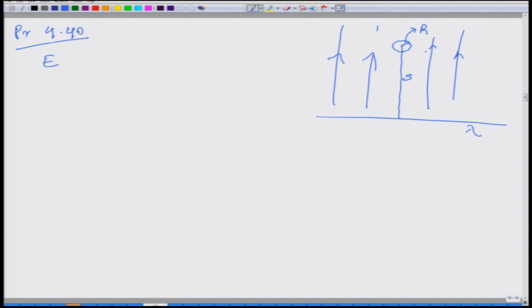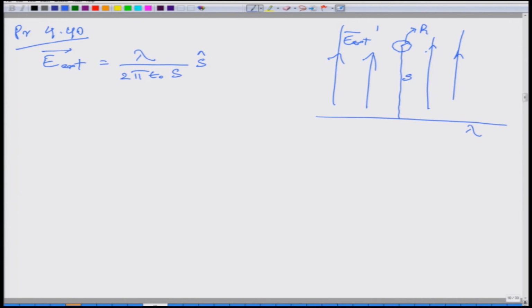So let's write down E external, let's say due to the wire, E external in the S cap direction.